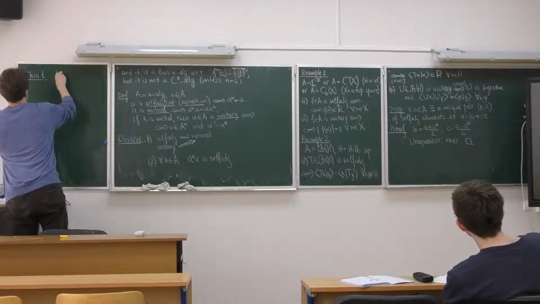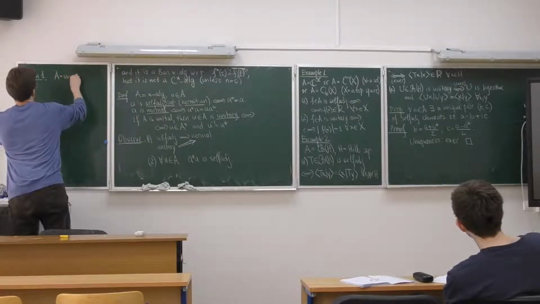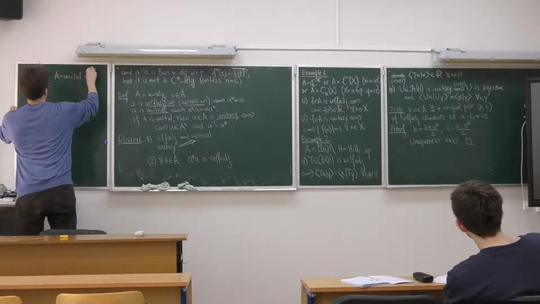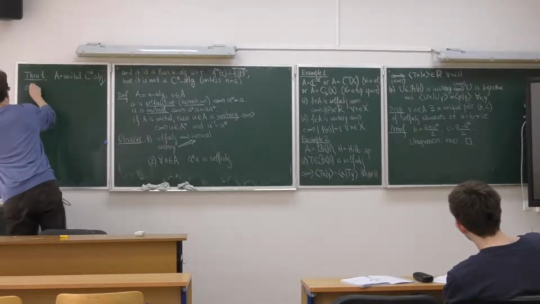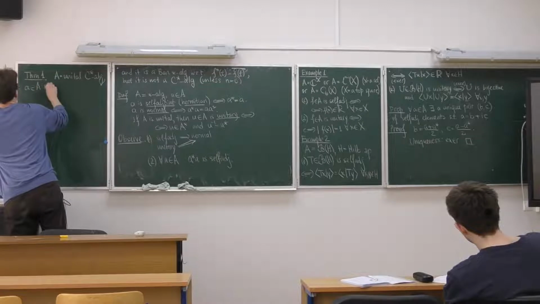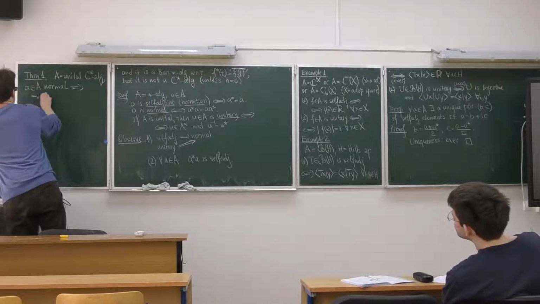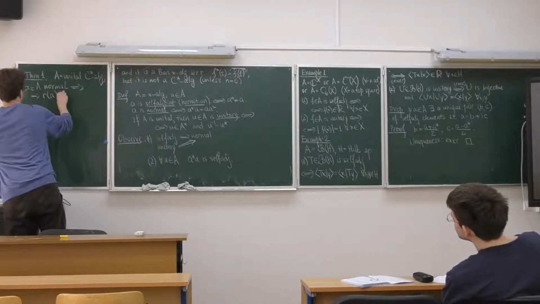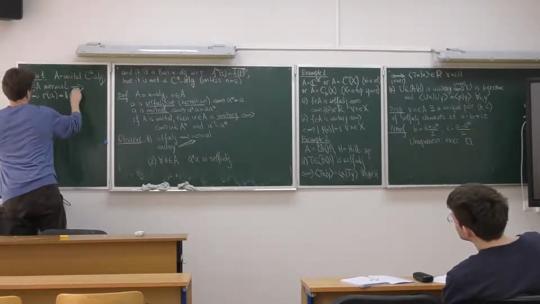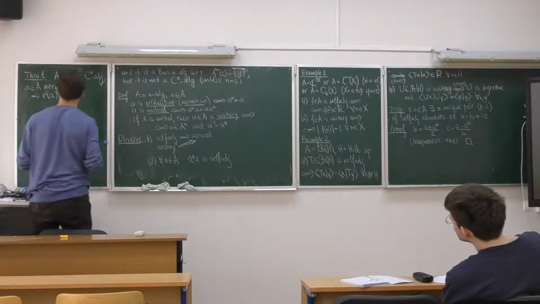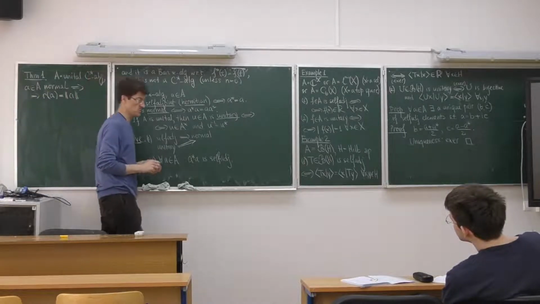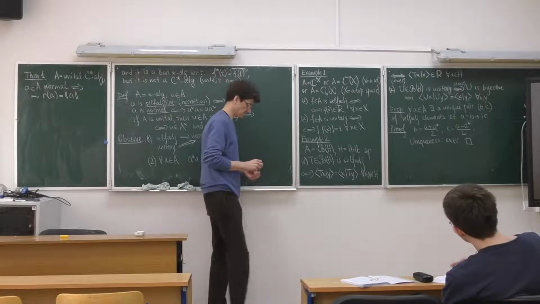If A is a unital C-star algebra, and little a is a normal element of A, then the spectral radius of a is equal to the norm of a. Spectral radius of a normal element is equal to the norm.